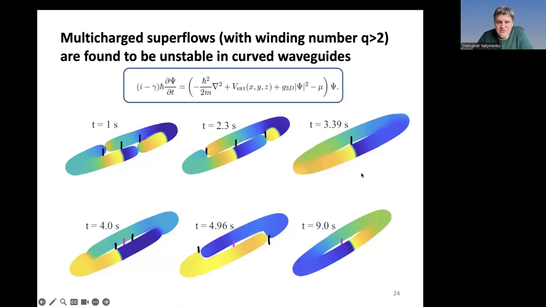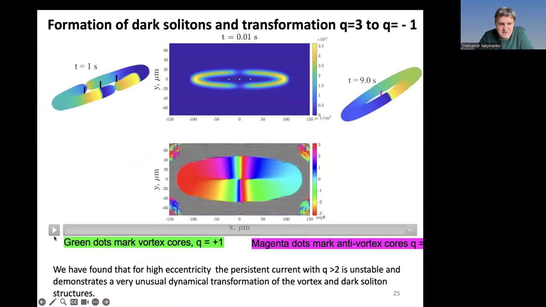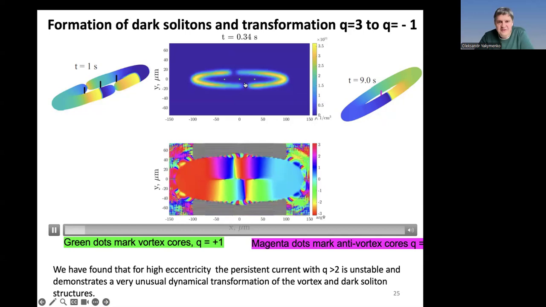After some evolution, you will get one single-charge vortex, but in the opposite direction. Why? Maybe I can show the video. It's short. I can show you the dynamics of this, these black dots, green dots are vortex cores.